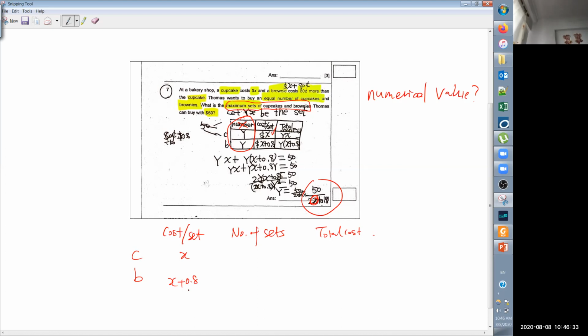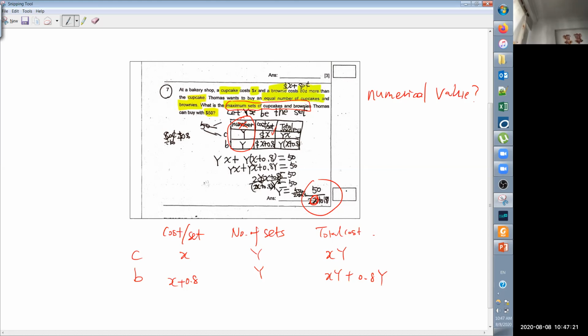Then Thomas wants to buy an equal number of cupcakes and brownies. They must be the same number, right? He has 50 dollars, so the total price is this. How many can he buy in total? Let me check the question: what is the maximum of cupcakes and brownies Thomas can buy with $50?